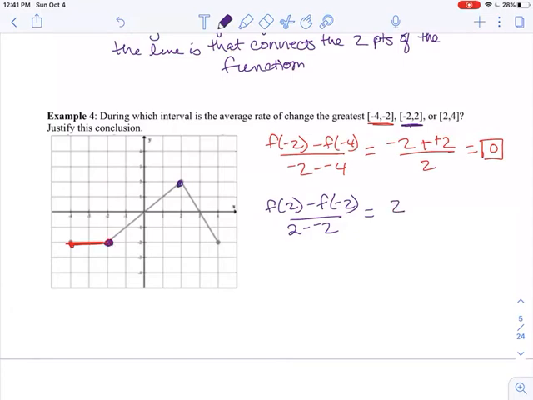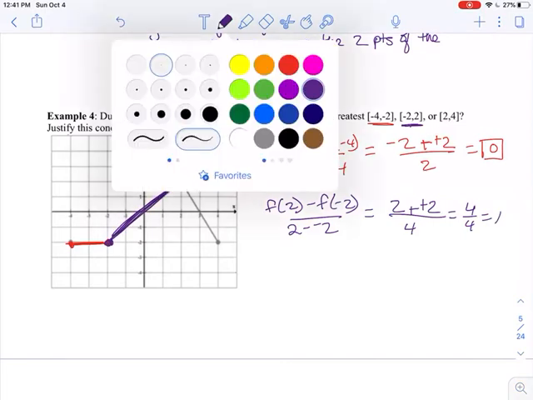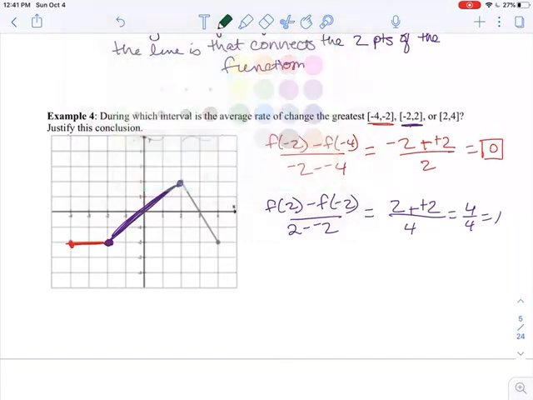F of 2 is 2. F of -2 was -2, sorry, so 2 minus -2 is 4. This is also 4, and 4 over 4 is 1. So I'm talking about the slope right here has a slope of 1.